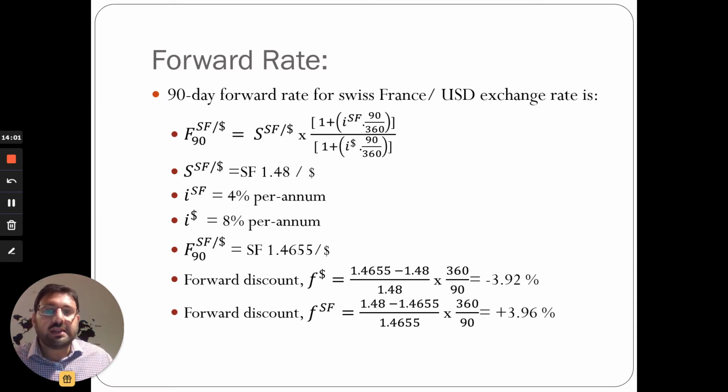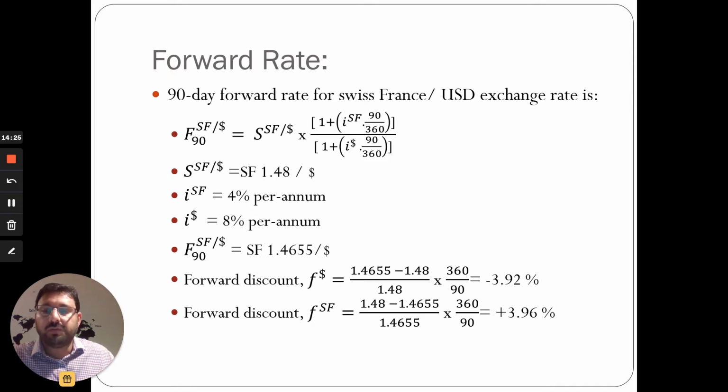So now this is the application of the international Fisher effect. But in the international Fisher effect, we talked about the future spot rate. If we want to calculate that future spot rate today, it's actually the forward rate. So the future spot rate after 90 days.